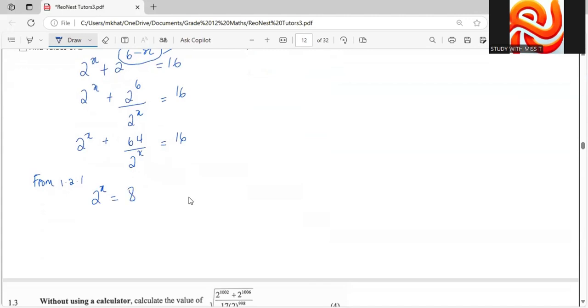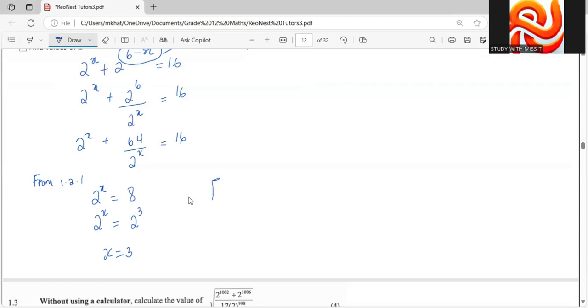So now I would look forward to seeing both sides having the same base. I know that 8 is a product of 2 to the power 3. So now I'm going to cancel the bases on both sides, and I'm going to be left with x is equal to 3.